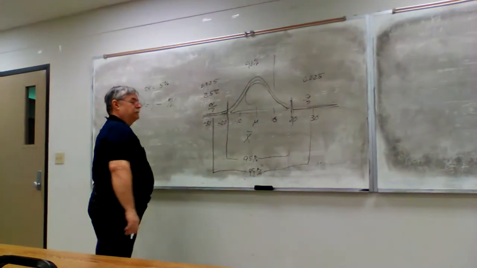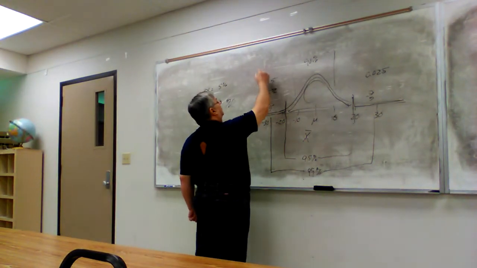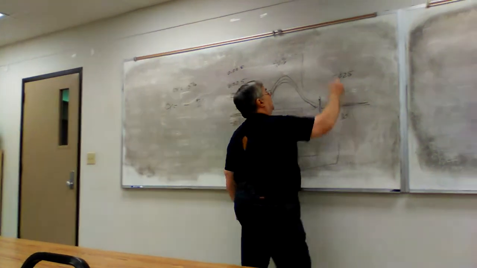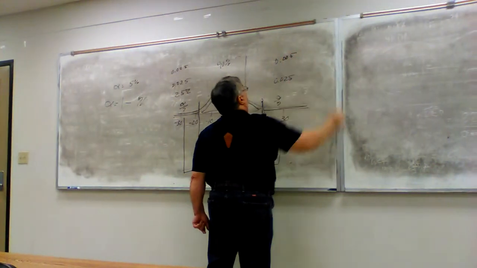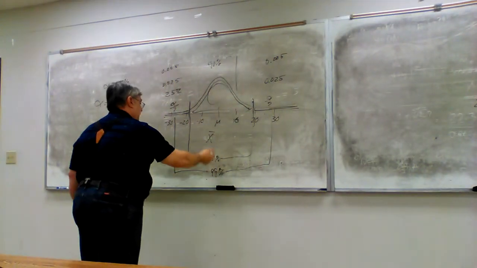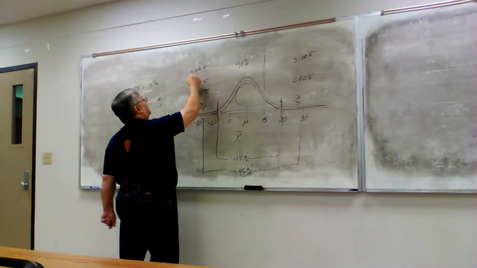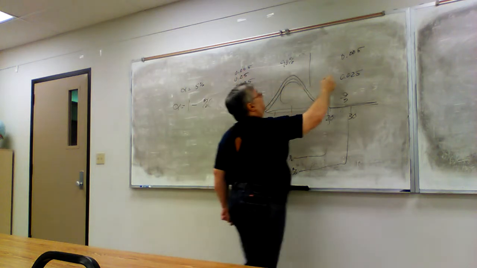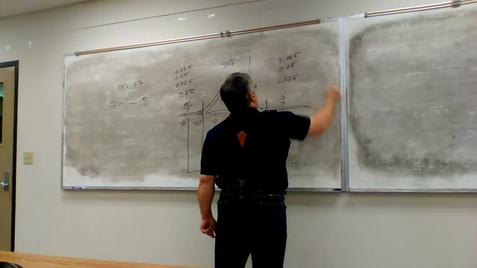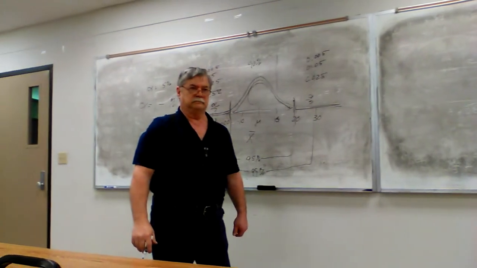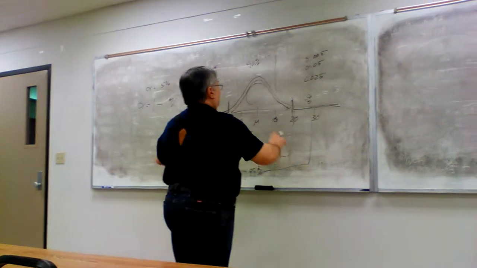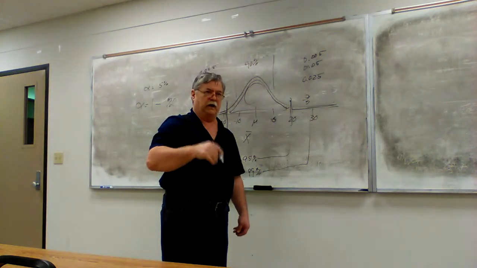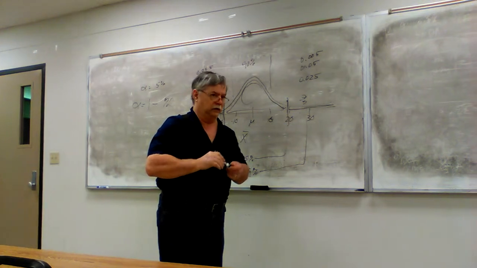If we go to a 99%, alpha over 2 is 0.005 and 0.005 over here. If we go to a 90% interval, then alpha over 2 here is 0.05, and alpha over here is 0.05. Alpha over 2 is half the complement of your confidence level, not interval level.